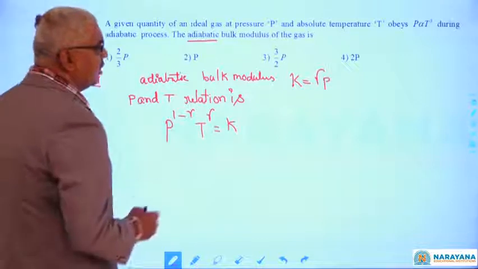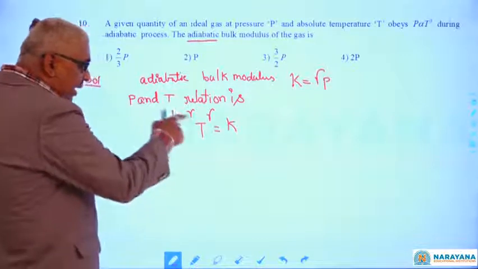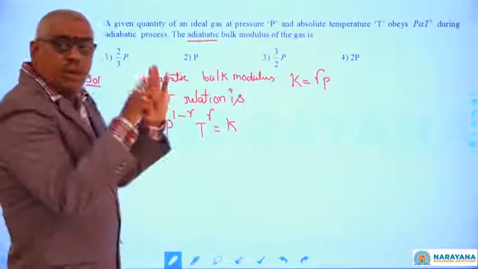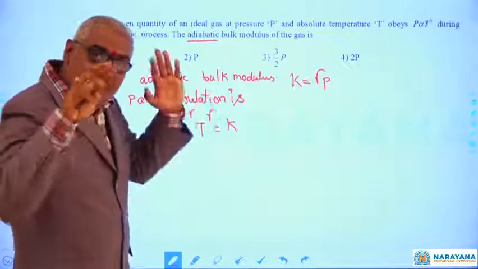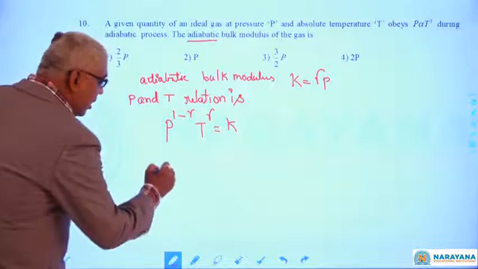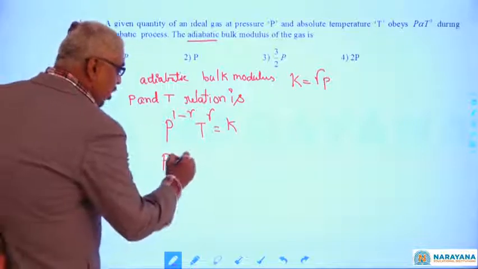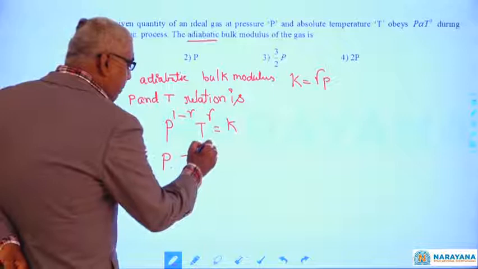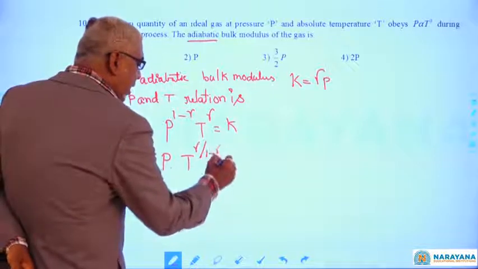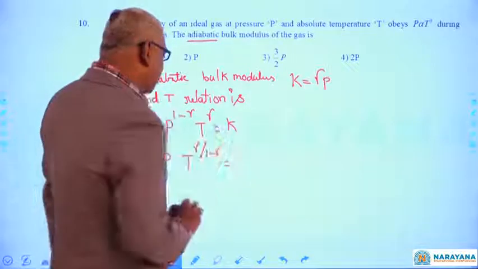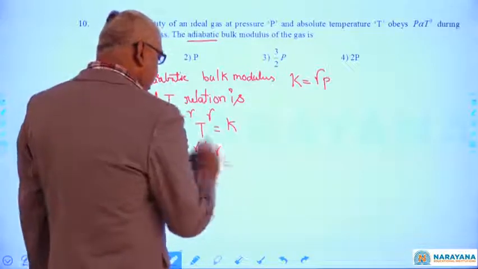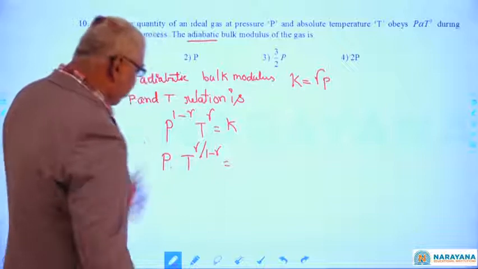What you do actually is remove 1 minus gamma for P, that means take whole power of 1 minus gamma. What will we get? P into T to the power of gamma by 1 minus gamma is equal to K to the power of 1 minus gamma. It becomes constant, you can remove it. So constant again there only.